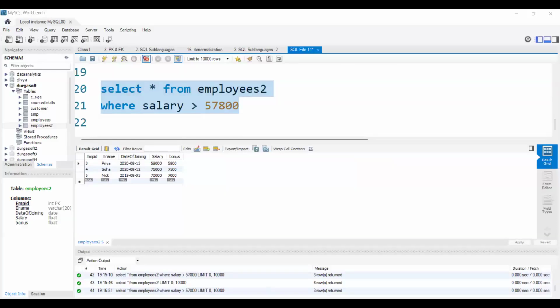Whenever new employees join or the data changes, the average will also change. Then this average will be different. So if we write it like this, whatever output we get will become wrong, right? So we need to write the query in a dynamic way. If we write like this, we can call it a static way. We are not supposed to write like this in real time. We should write the queries in a dynamic way so that whenever the data changes, it should not affect these queries. Correct? Am I right?